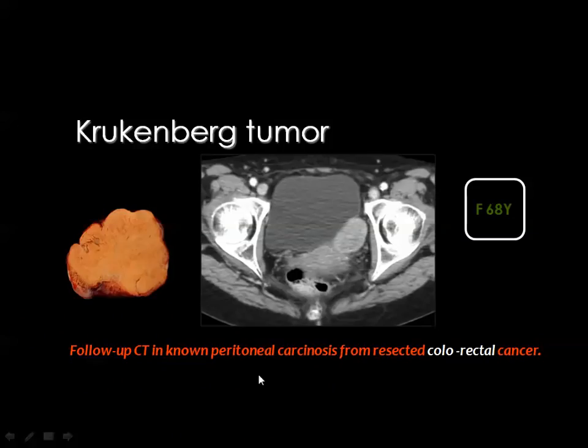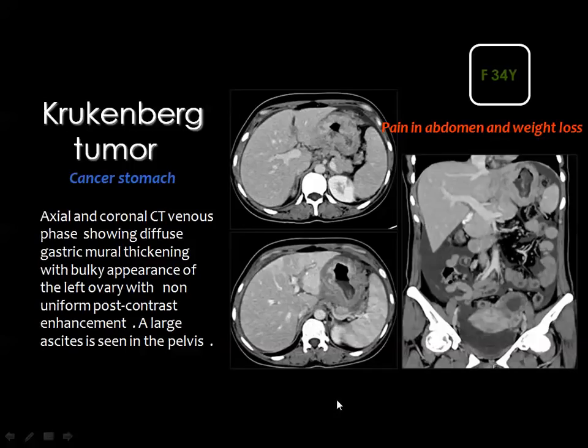Here you see this patient with a colorectal cancer, and you see a solid mass in the left adnexal area, and this is a Krukenberg metastatic deposit.